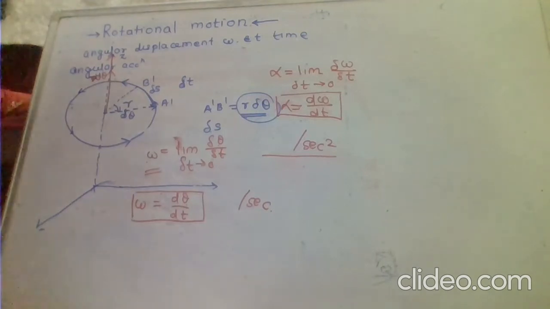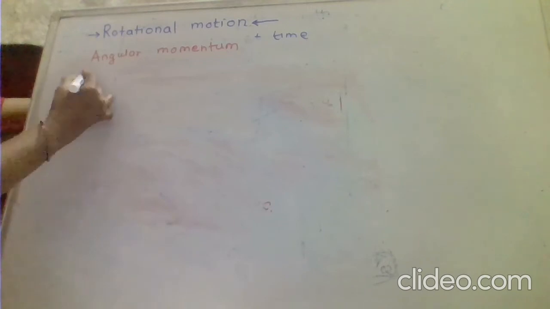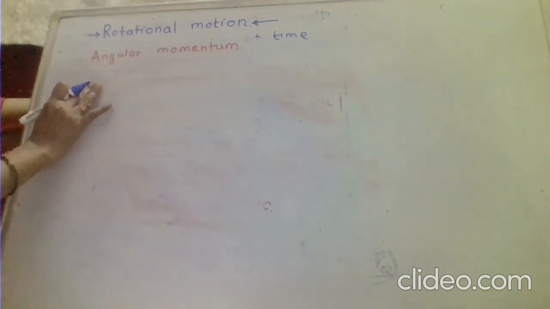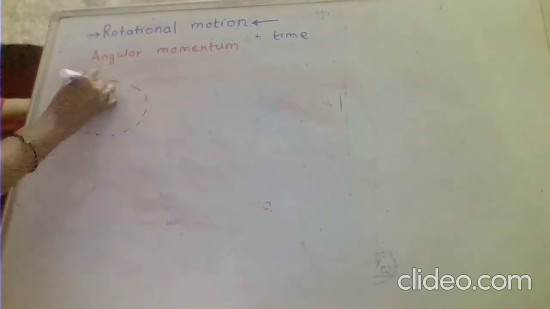Then we will see angular momentum. Now we'll see angular momentum. Angular momentum is a useful concept in rotational motion, just like in linear motion we use the term linear momentum. Suppose a particle is having rotational motion like this.